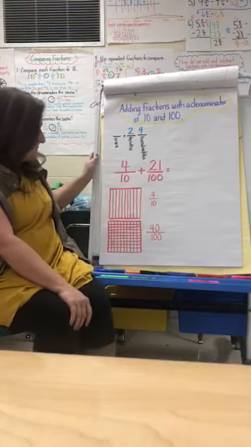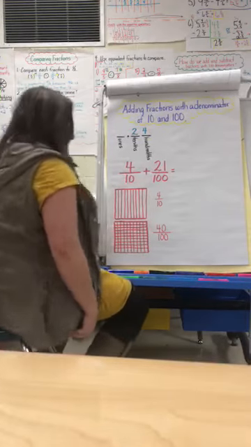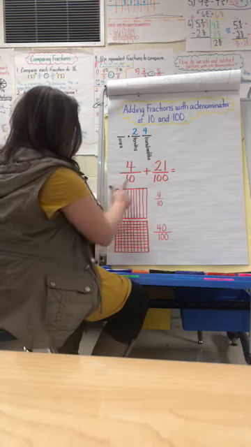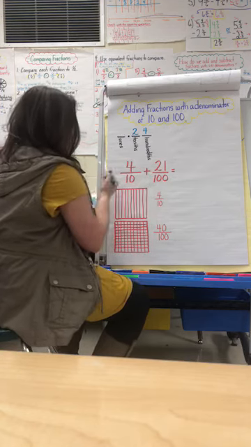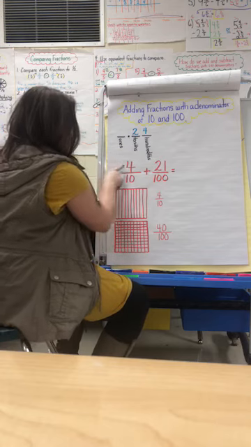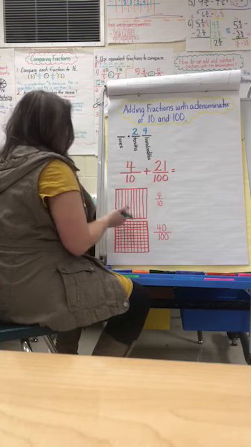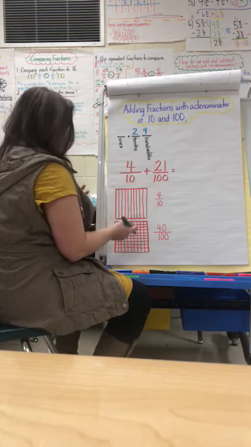So here's an example of the problems that we're doing currently. 4 tenths plus 21 hundredths. And as I told you guys, you cannot add fractions if the denominators are not the same. So we are going to have to change 4 tenths into an equivalent fraction with 100 on the bottom, or its equivalent fraction in hundredths.